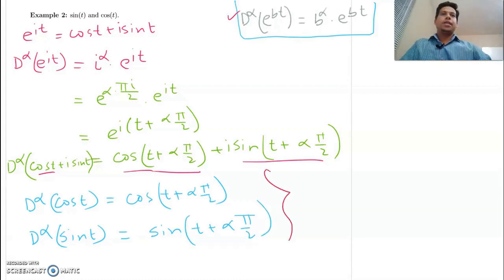So these are the alpha order derivatives of the trig functions sine and cosine.